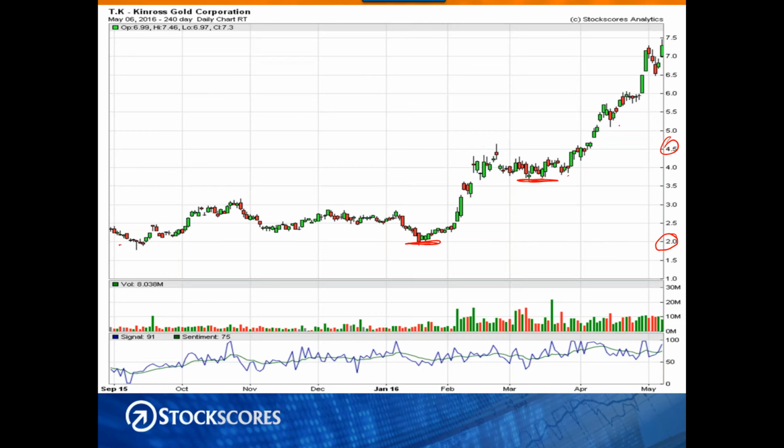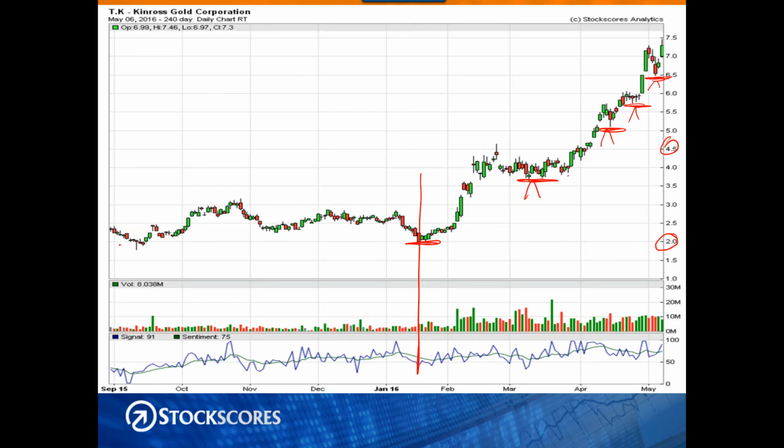So if we go back to our inflection point concept and look at the inflection point lows, you can see that for Kinross, since the middle of January, the buyers have been in control. How do I know that? Because every time there is a new inflection point bottom, it is higher than the previous one.